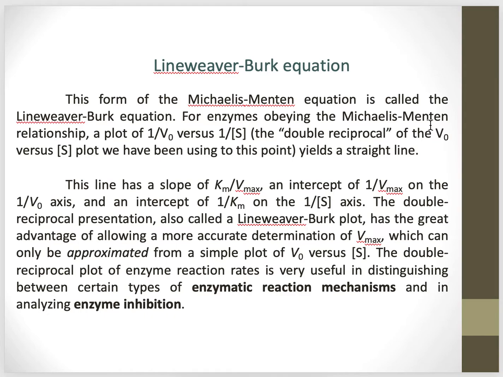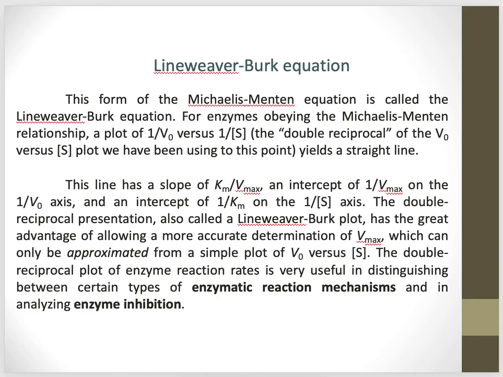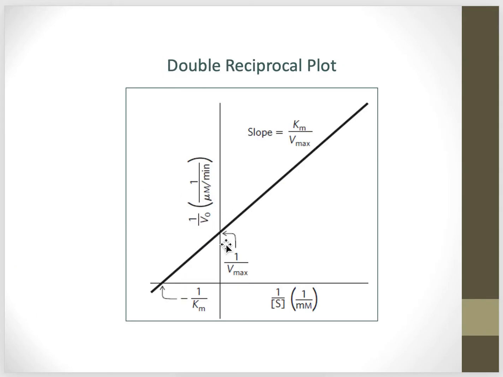For enzymes that obey the Michaelis-Menten relationship, a plot of 1/V0 versus 1/S, which is the double reciprocal of the V0 versus S plot, is a straight line. It's the equation of a straight line. This straight line has a slope of Km/Vmax.